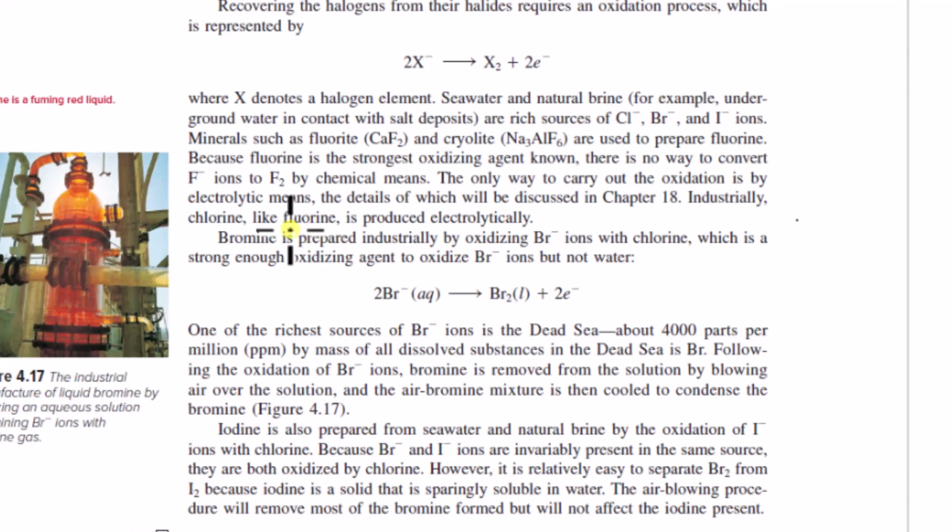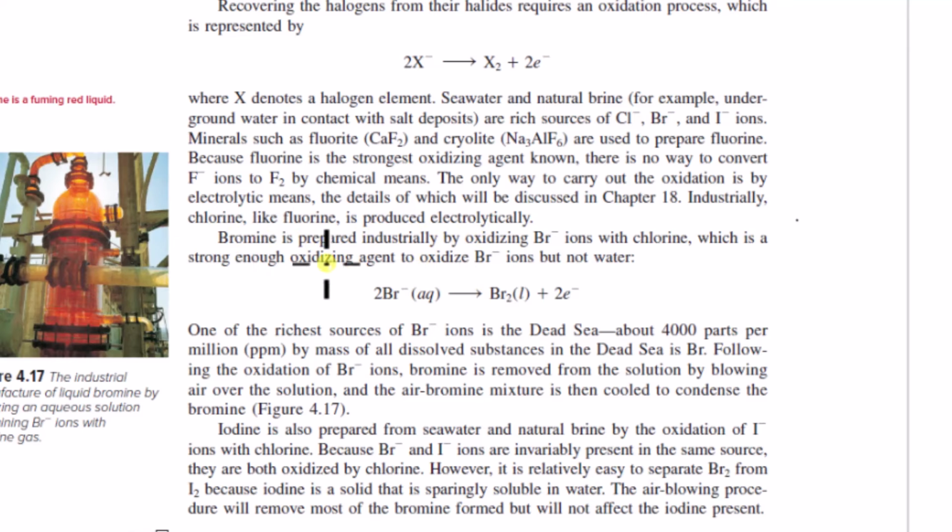You can't use fluorine as an oxidizing agent. So fluorine doesn't have a stronger oxidizing agent to oxidize it. And for chlorine, there is a stronger oxidizing agent, fluorine, but fluorine attacks water, so it makes it difficult. So both are extracted electrolytically.